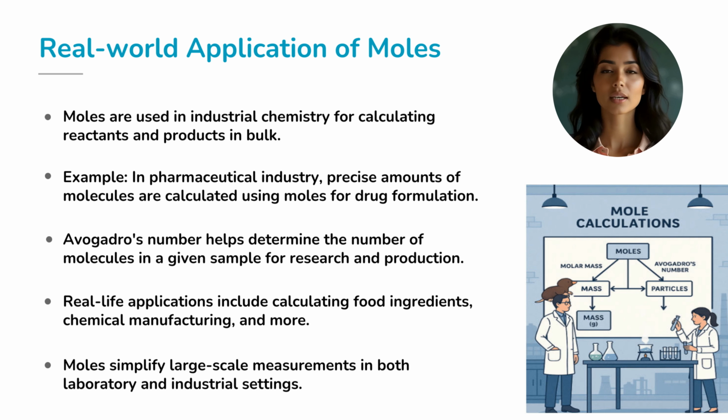For example, in a painkiller, chemists know exactly how many molecules of the active ingredient need to be present to relieve pain without causing side effects. Moles also help us calculate how much of a reactant we need in industrial processes, like in fertilizer manufacturing or even in the food industry, where moles are used to determine the right quantities of chemicals for flavor and preservatives.